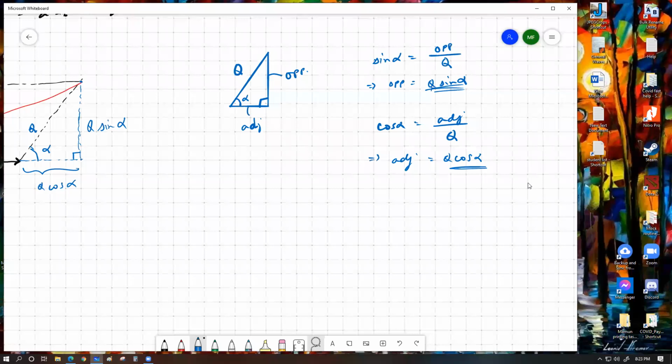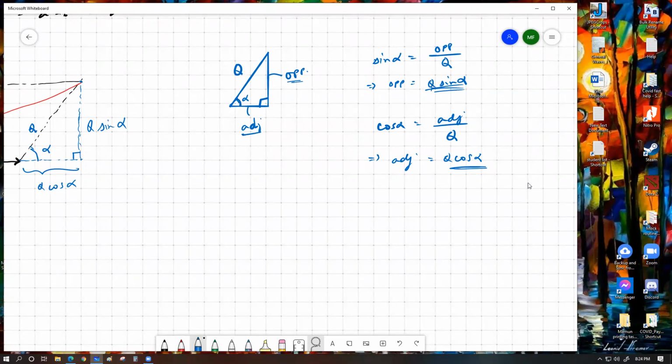Between the other two sides, one of them is defined as the opposite side and one is defined as the adjacent side, depending upon where we have considered our angle. So this is the angle that we have considered for this case. The angle will be created by two sides. One side is always the hypotenuse. The other side that makes up the angle is what we call the adjacent side. So this is the side that is adjacent to this angle.